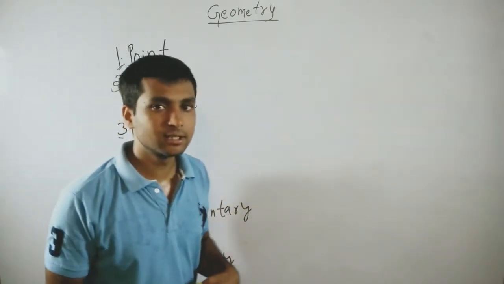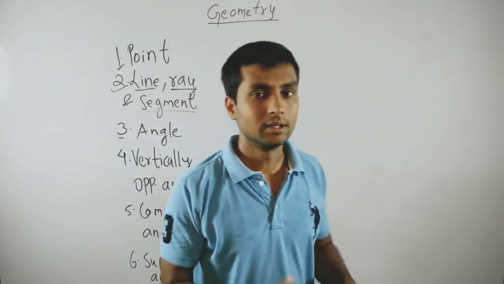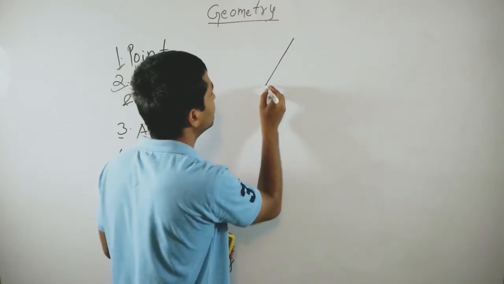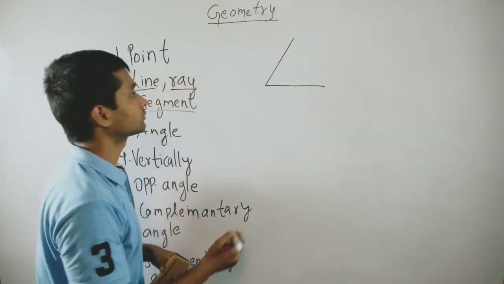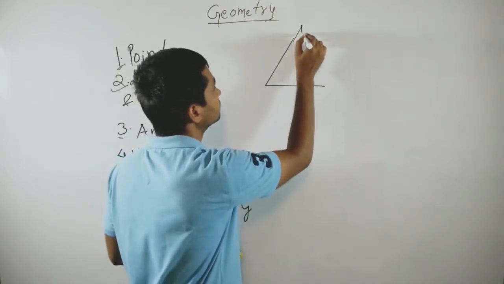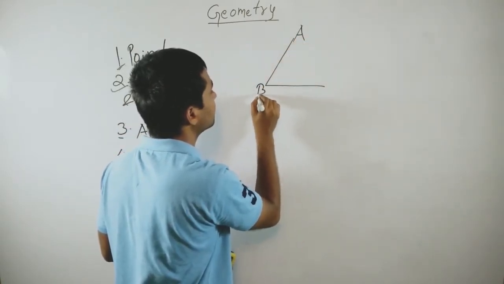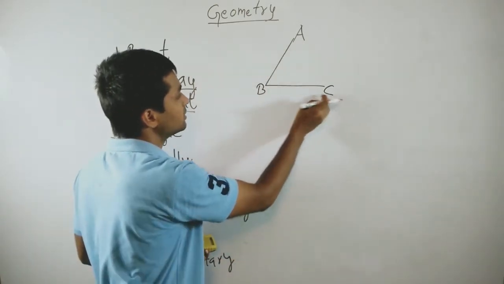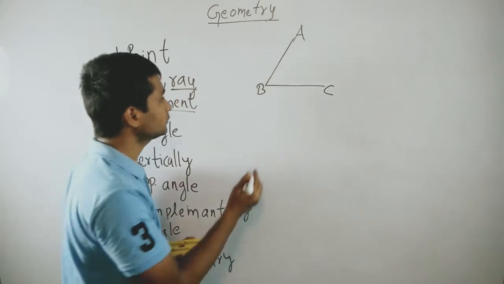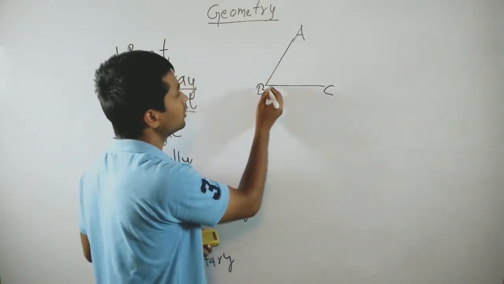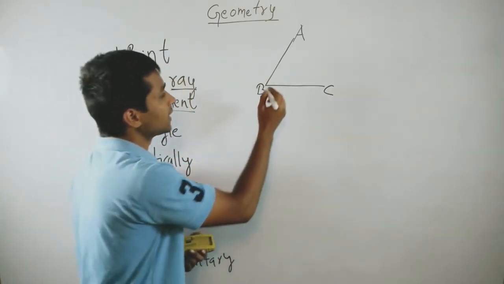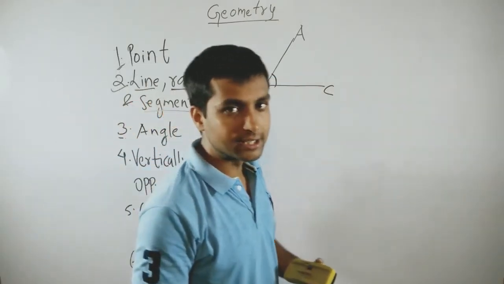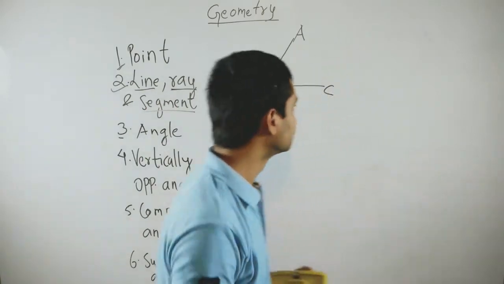Whenever two lines intersect in such a way that they share a common point, for example, here AB is a line and BC is another line, and they meet at a common point B. So this forms an angle. Angles are measured in degrees or radians. For now, we will be using degrees.